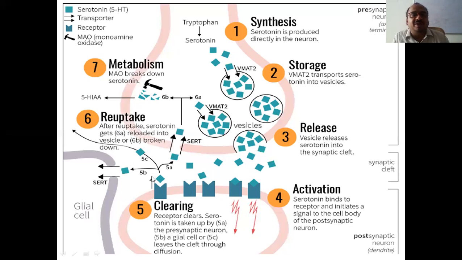See here, how many ways are there? 5A, reuptake, 5B, SERT, 5C, reuptake. See how all these steps are reuptake. After reuptake, it is broken down by the catalyst MAO, monoamine oxidase. It catalyzes the serotonin and breaks it down.